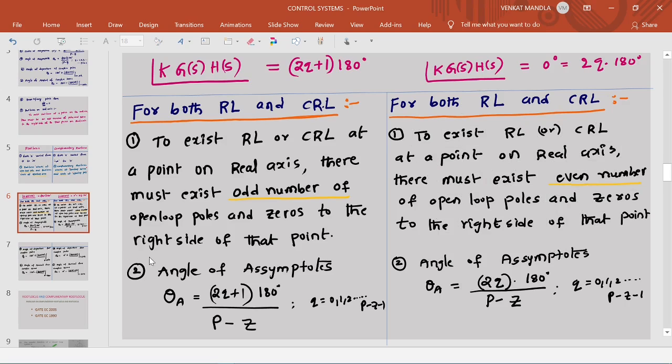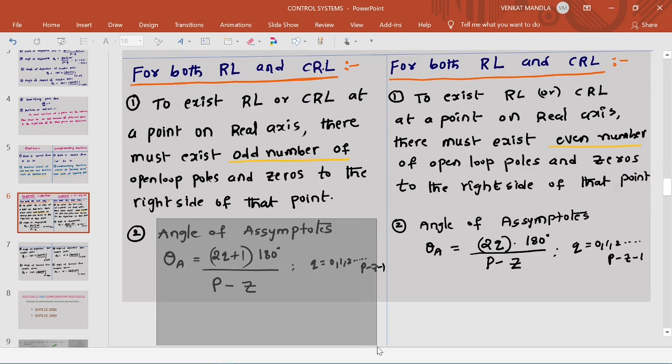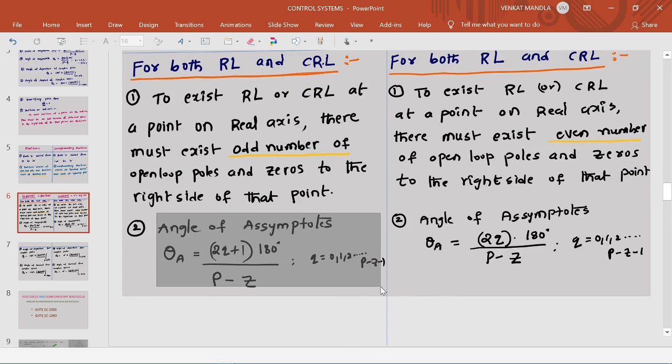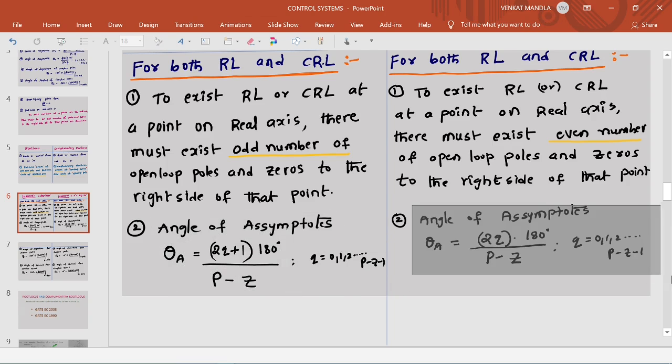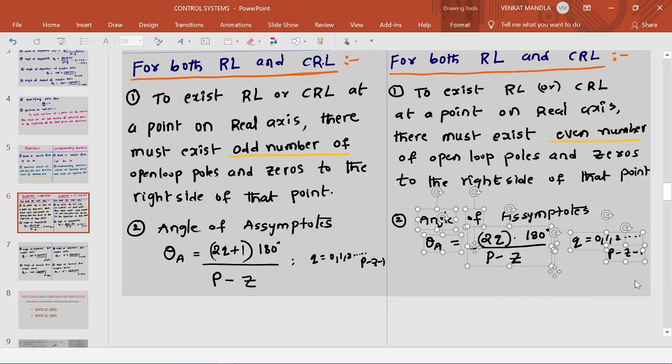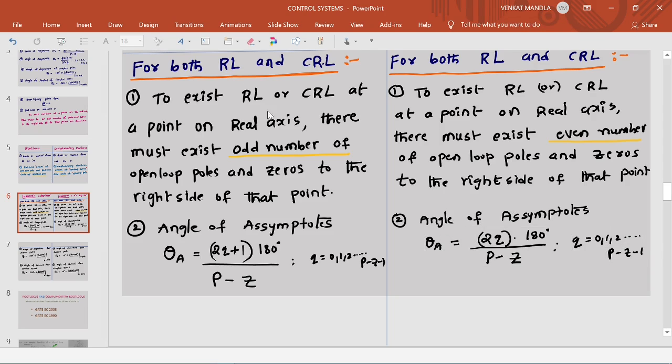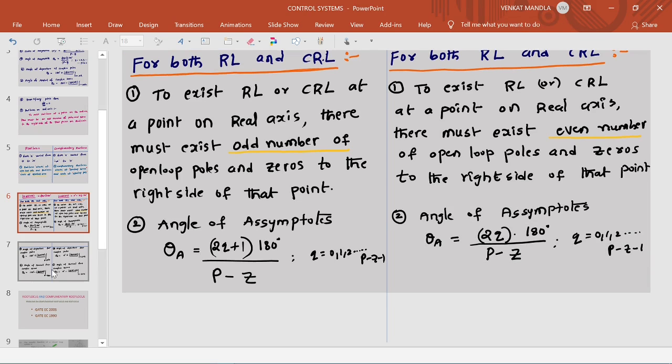Now the second point is the angle of asymptotes. The angle of asymptotes is (2q plus 1) 180 degrees by P minus Z, where q is from 0 to P minus Z minus 1. Here, for even multiples, the angle theta a is 2q times 180 degrees by P minus Z. Few more points are also going to change.